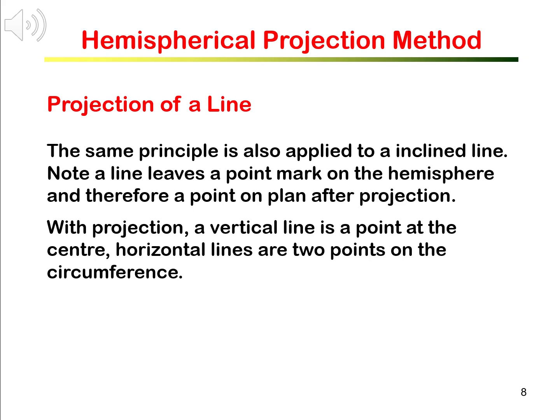The position of the point on the plane is related to the orientation of the line. With projection, a vertical line is represented by a point at the center. A horizontal line becomes 2 points on the circumference. An inclined line becomes a point in the zone of its trend direction.